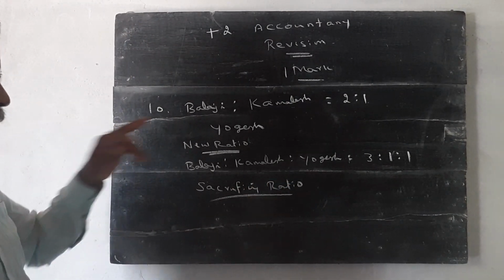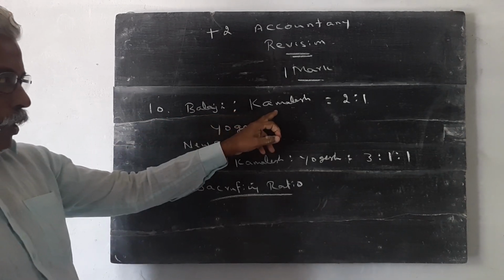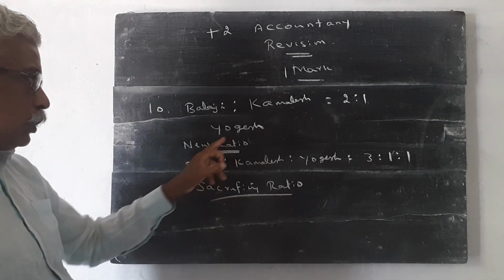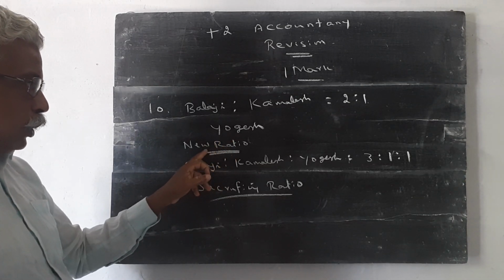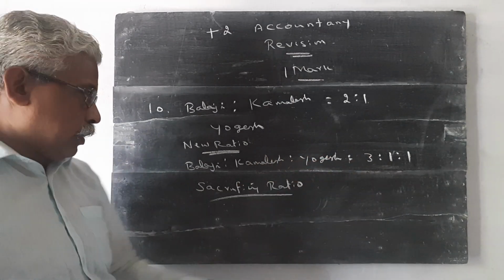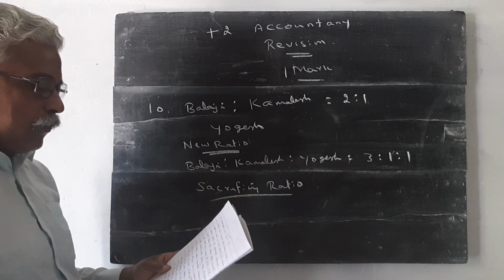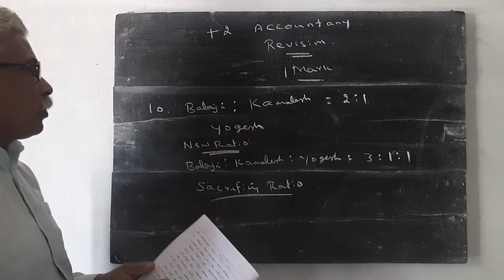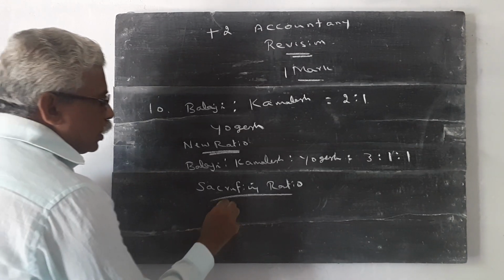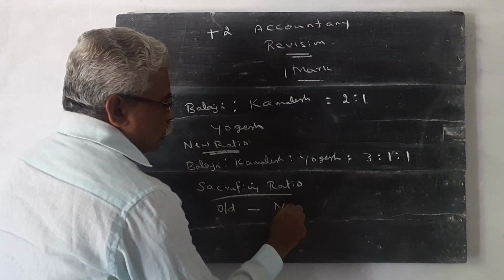Once again I explain the question. Balaji and Kamalesh are partners sharing profit in the ratio 2:1. Yogesh, a new partner, is admitted. The new ratio of Balaji, Kamalesh, Yogesh is equal to 3:1:1. Calculate the sacrificing ratio. How do you calculate the sacrificing ratio? Sacrificing ratio is equal to old ratio minus new ratio.